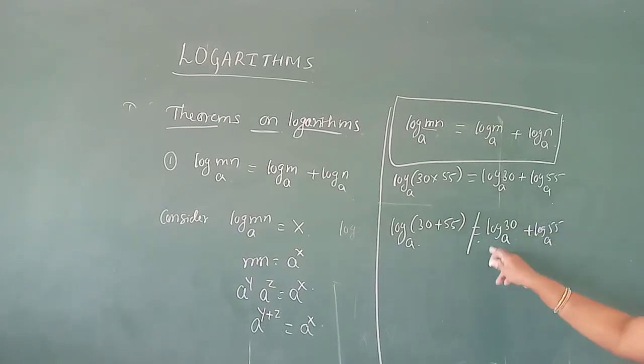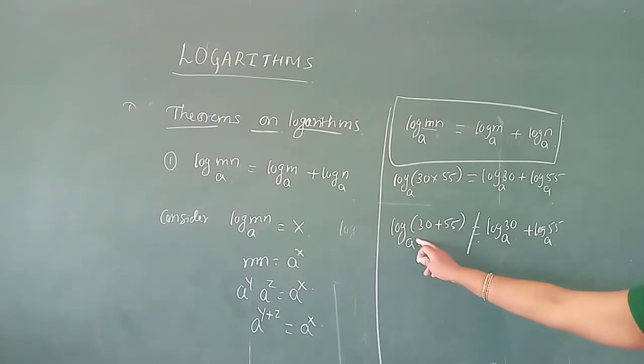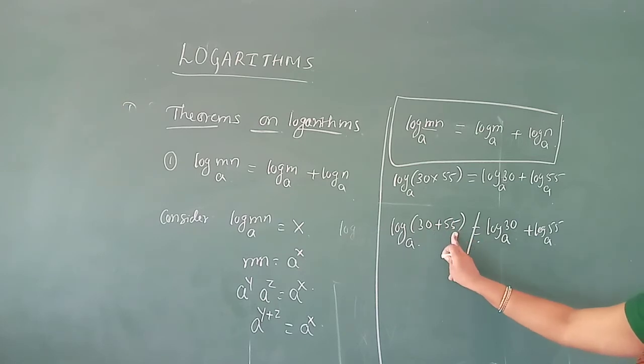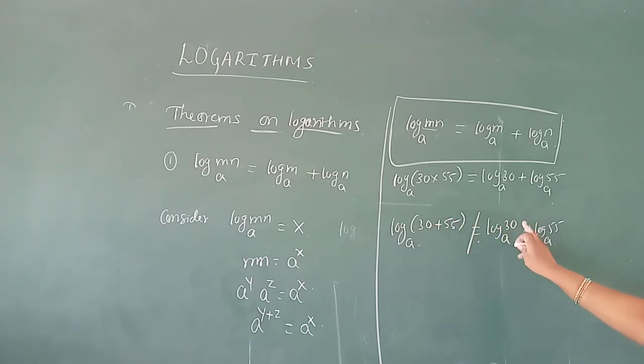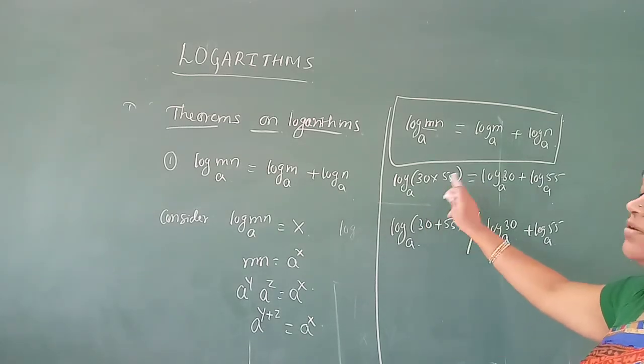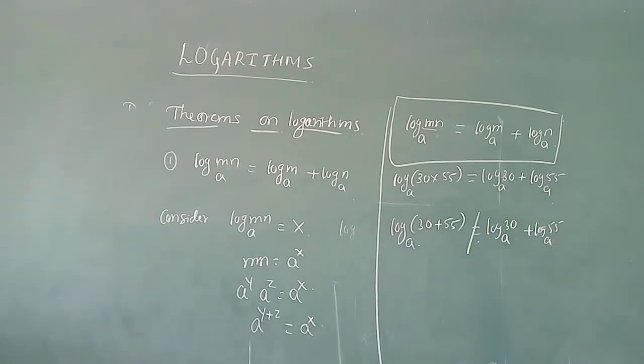This is how we do the theorem. If you want, you can check it in the logarithm table: log of 30 plus 55 does not equal log 30 to the base a plus log 55 to the base a. A product can be converted into addition. I hope you understand this one.